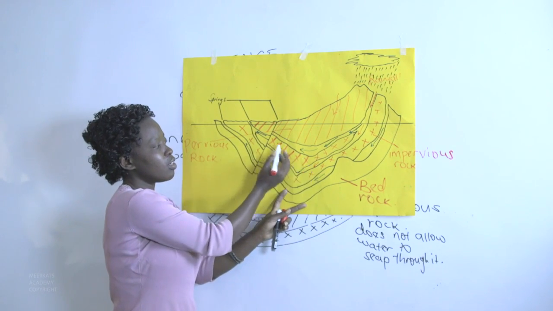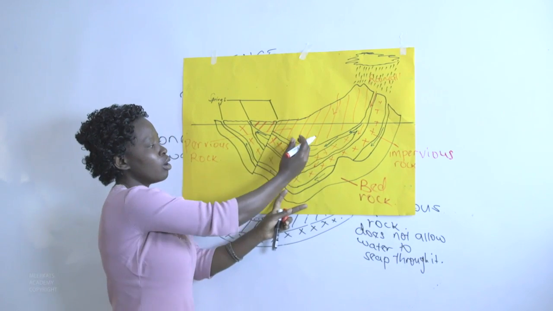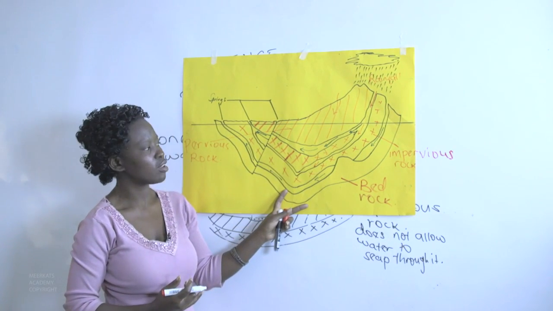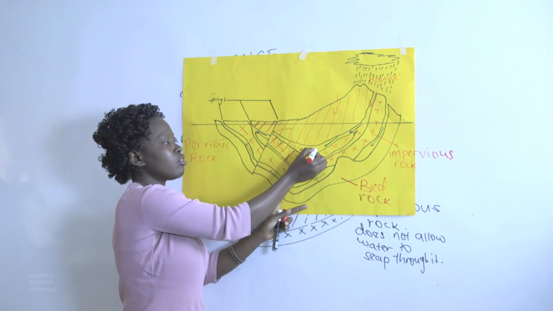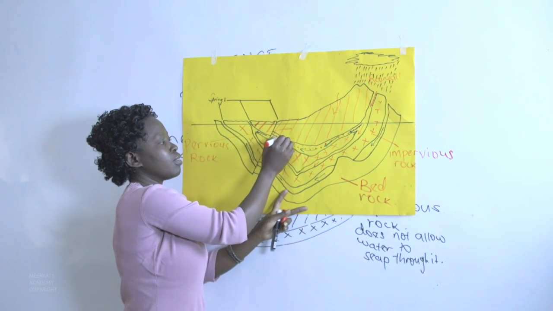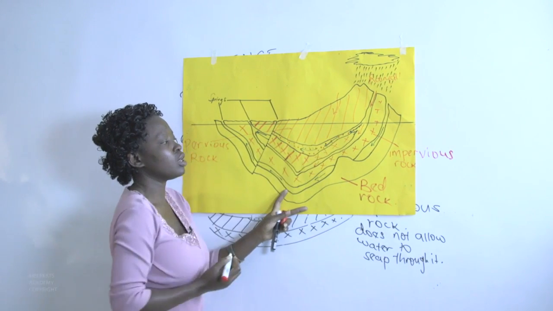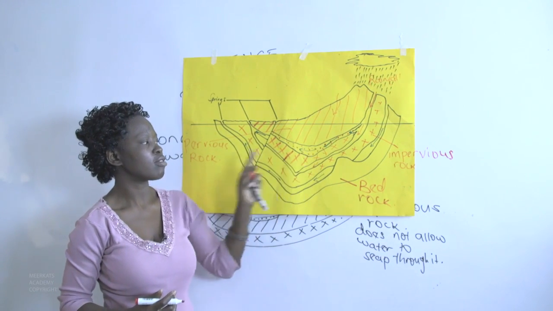This impervious rock does not allow further seepage of the water underground. So this water is then trapped in between the pervious rock and the impervious rock.